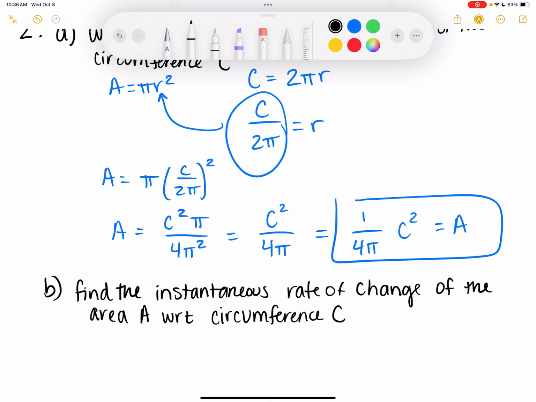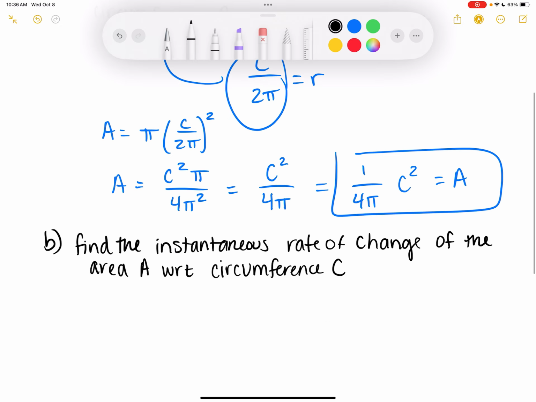So basically this formula that I found in part A, to find instantaneous rate of change, we take the derivative of the function. So the derivative would be dA/dC, because I'm taking the derivative of area with respect to circumference. So normally it's like dy/dx, so it's kind of the same vibe. It's just we're using A and C here.